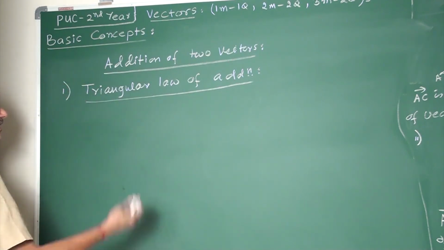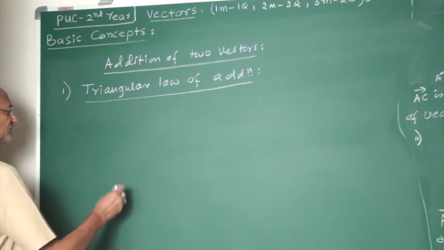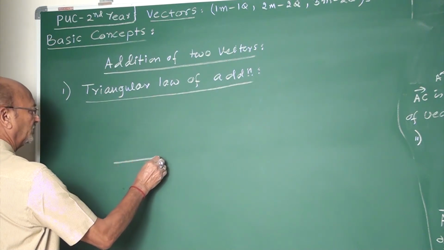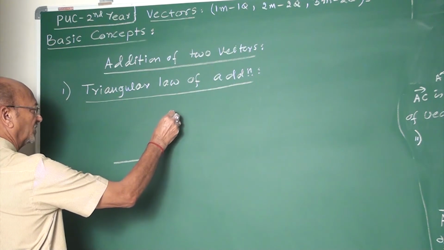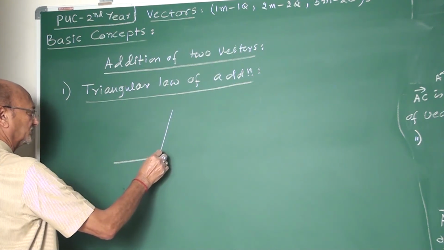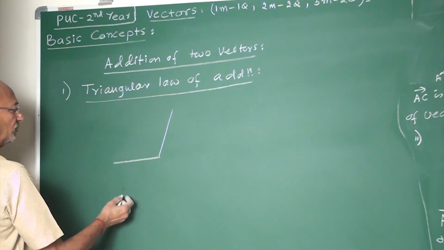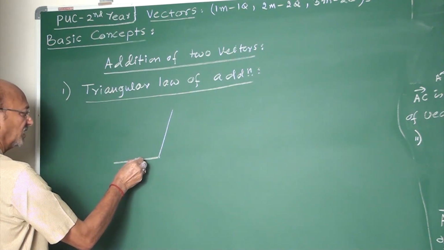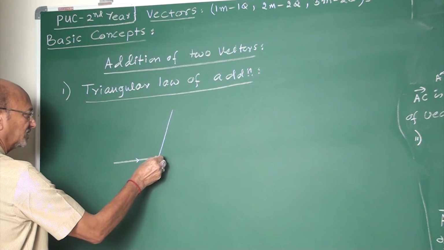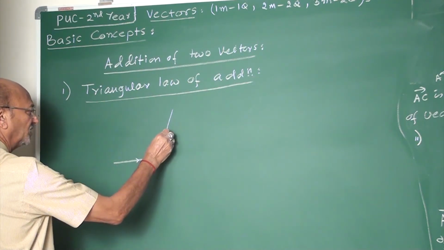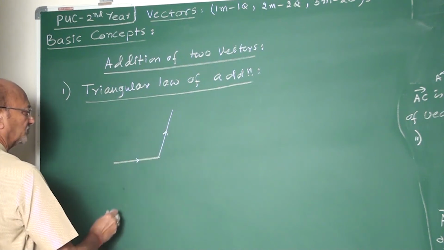The addition or sum of the factors AB and BC. This is one factor AB. This is another factor BC. Again, my friends, this addition exists only when the factors are such that the end point of the first factor should be the same as the initial point of the next factor.